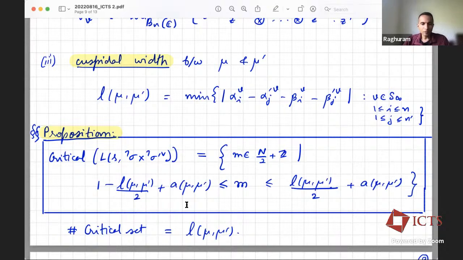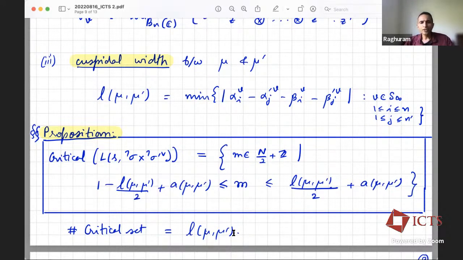If you just stare at these inequalities, that abelian width is just shifting the whole game. So I might as well just ignore it. These are all the possible half integers between 1 minus L by 2 and L by 2. And do a simple calculation, you'll see how many critical points I have? The cardinality of the critical set is as many as the cuspidal width between mu and mu prime.